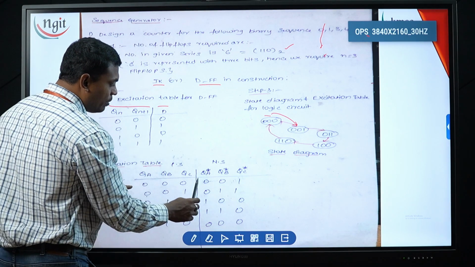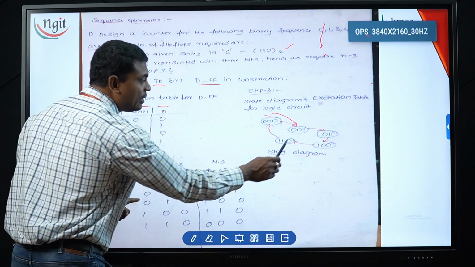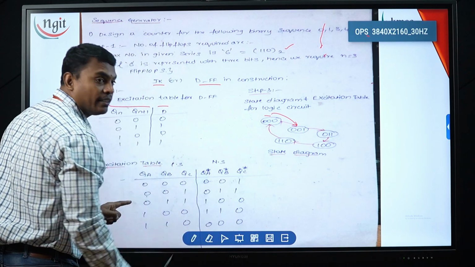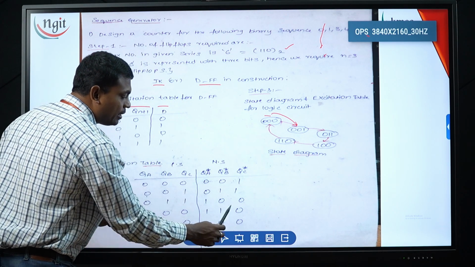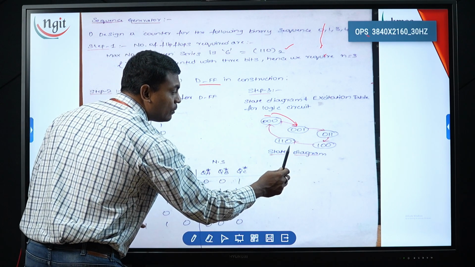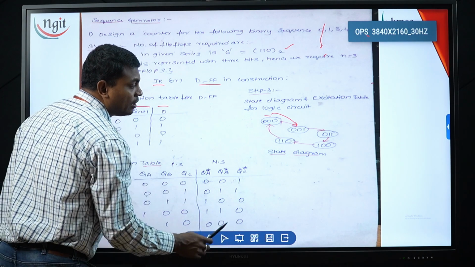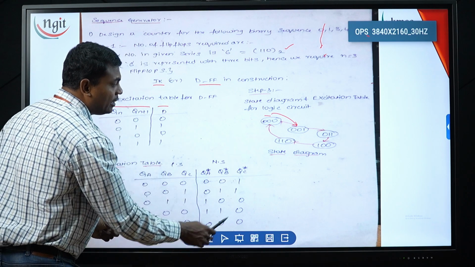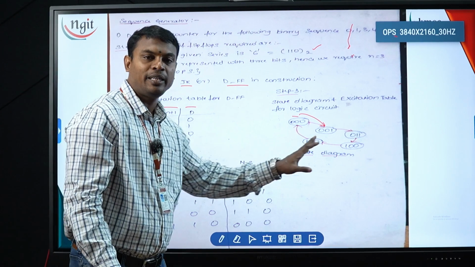If present state is 1, next state is 3. If present state is 3, next state is 4. If present state is 4, next state is 6. If present state is 6, next state is 0. So this is the excitation table based upon my state diagram.